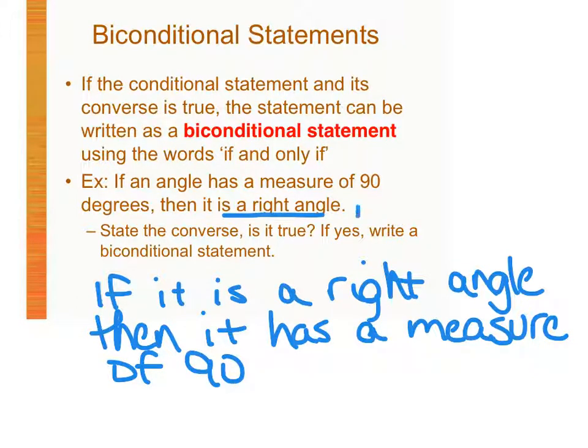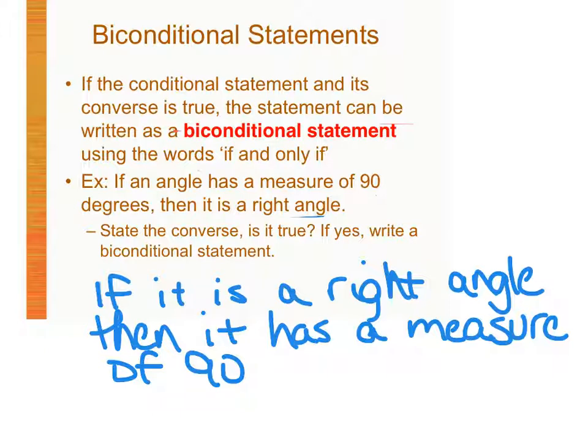So this would go first, and then the beginning part goes to the end. And that would be your converse. So now that I've written that, we've already said that the conditional statement was true. Is my converse true? Yes. So because it's true, I can now write another statement called a biconditional statement.